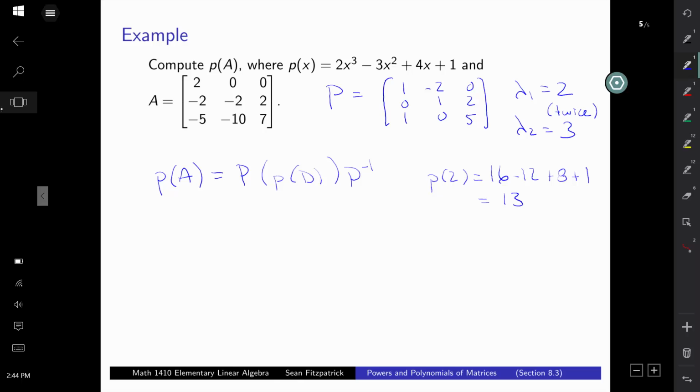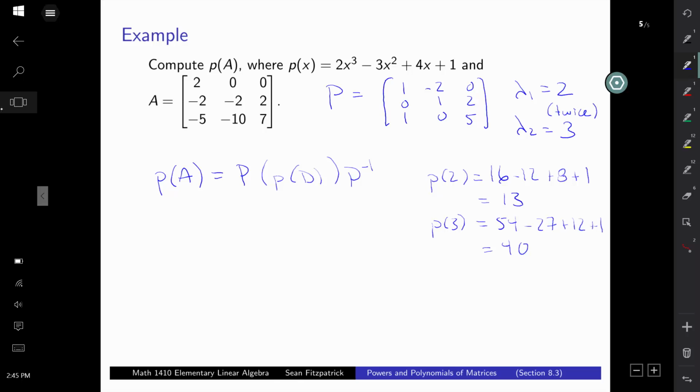Okay, p of 3: 3 cubed is 27, times 2 is 54, minus 27 plus 12 plus 1. So 27 plus 12 is 39, plus 1 is 40.